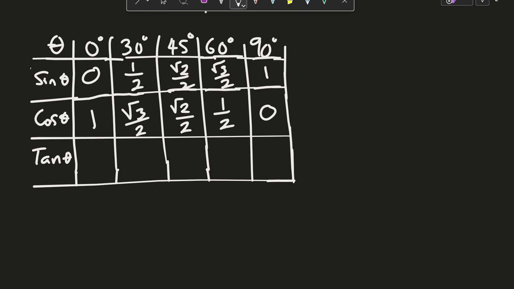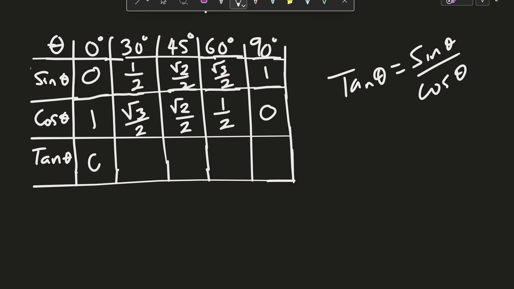So we already know that tan theta is sine theta divided by cos theta. So basically we are dividing the values of sine by those of cosine. We'll go back here: 0 divided by 1, so that is 0.